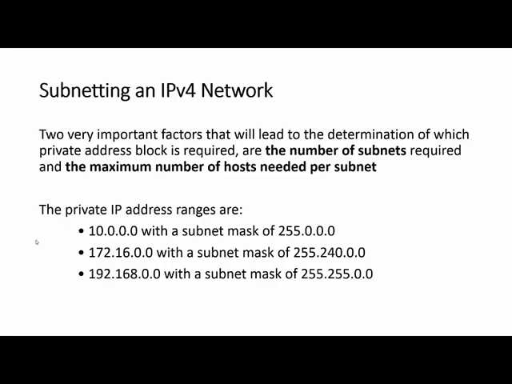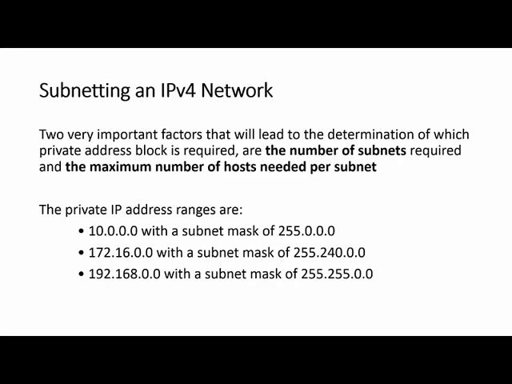Planning network subnets requires examination of both the needs of an organization's network usage and how the subnets will be structured. Also, two very important factors that will lead to the determination of which private address block is required are the number of subnets required and the maximum number of hosts needed per subnet.